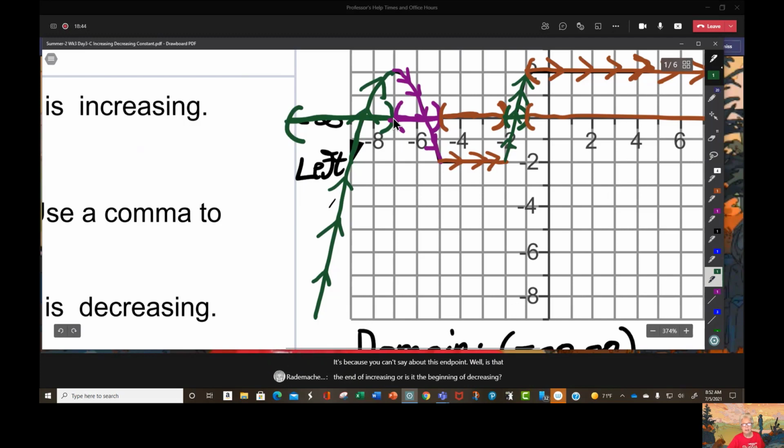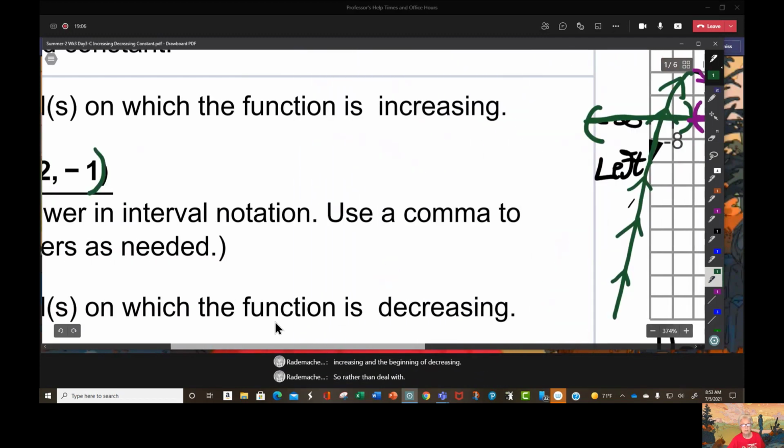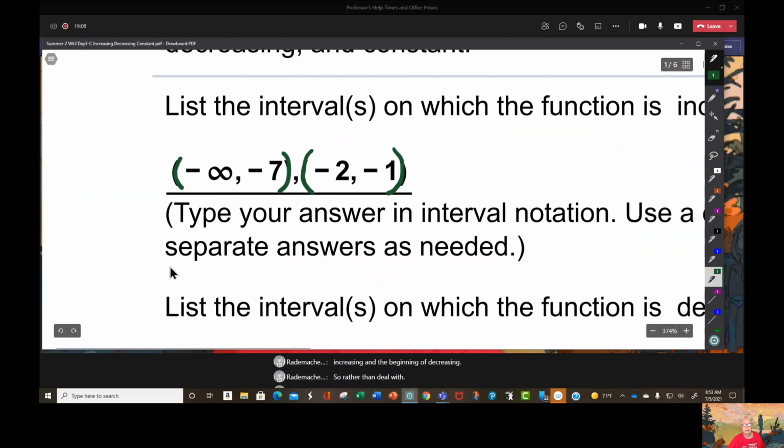A point can't be both at the same time. You have to choose. But you can't, because this point, -7, is the end of increasing and the beginning of decreasing. So rather than deal with split personality, we just stay with parentheses.